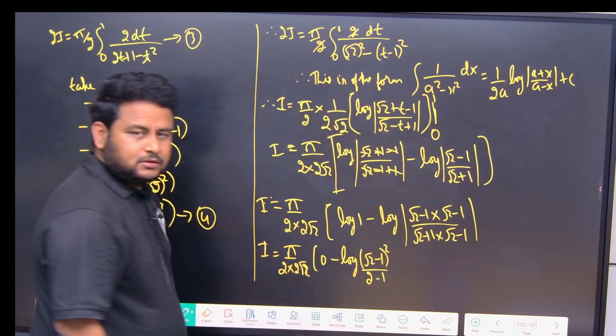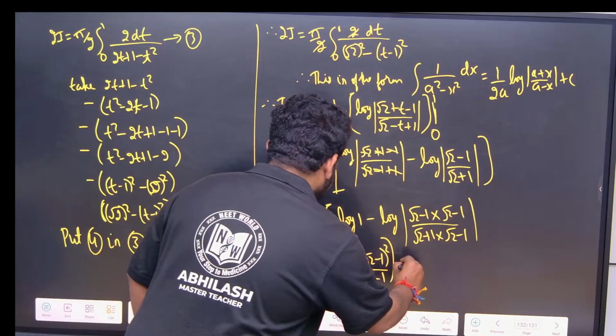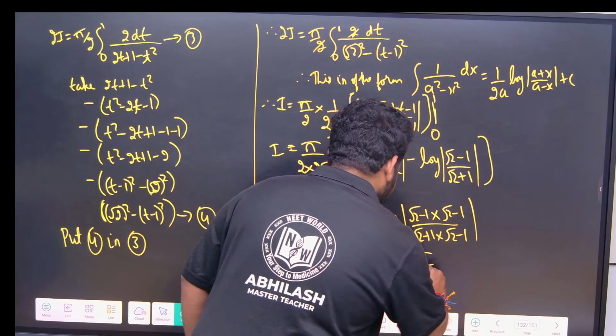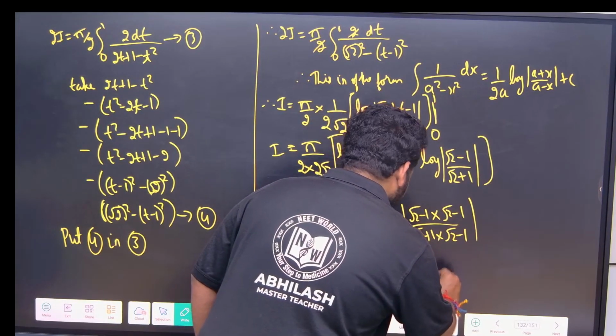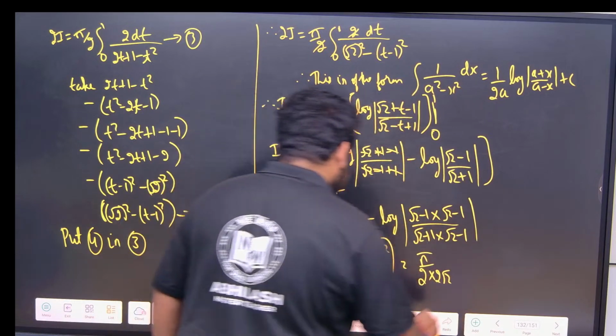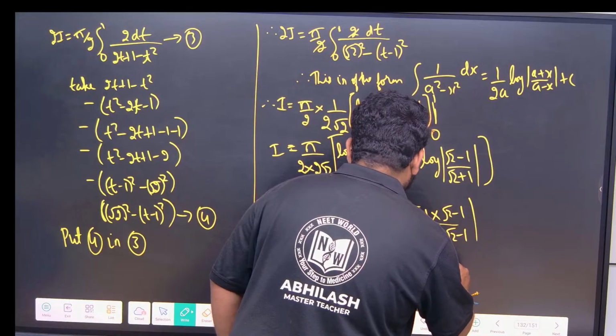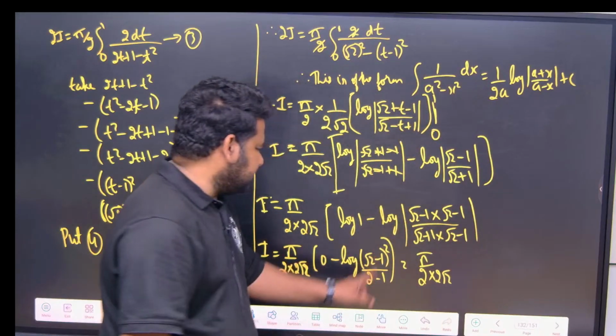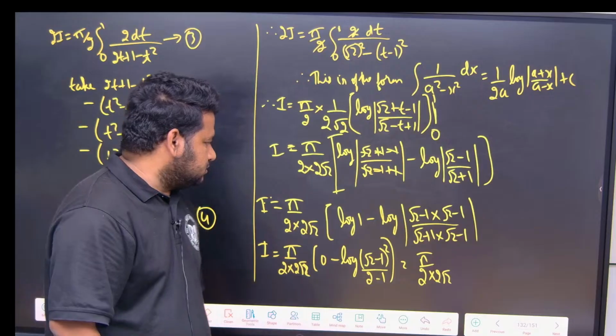I can write this as pi by 2 into 2 root 2, minus is there, so I can write this as log of root 2 minus 1 and root 2 minus 1.